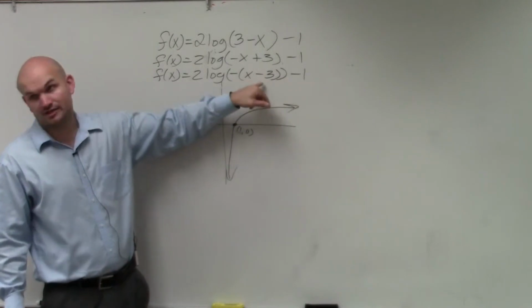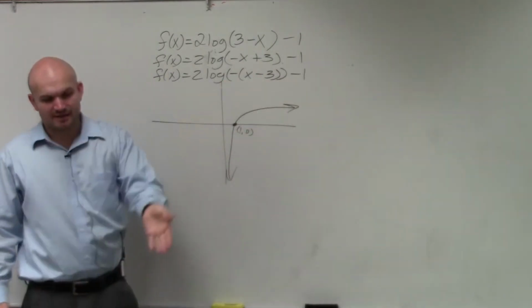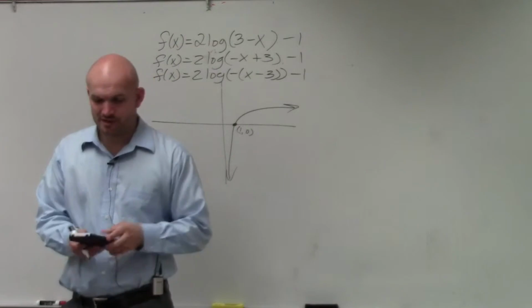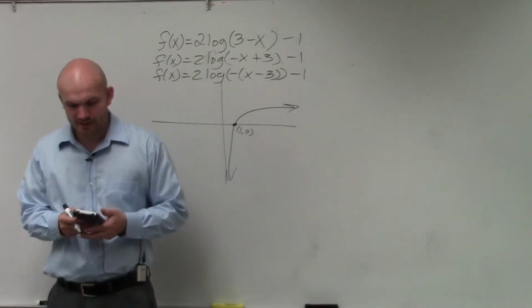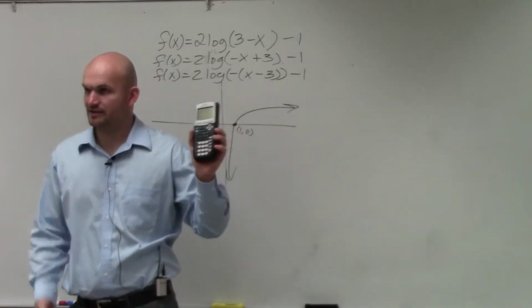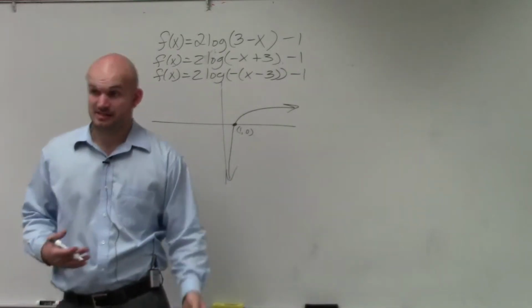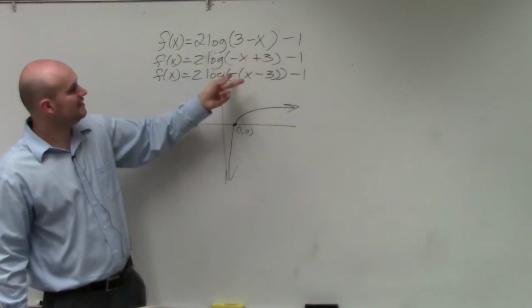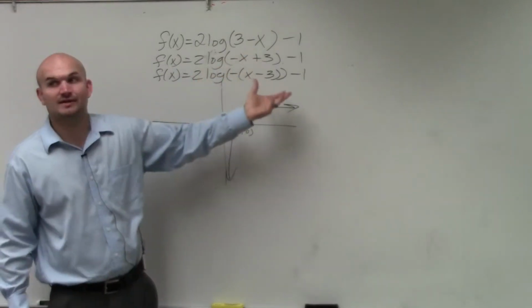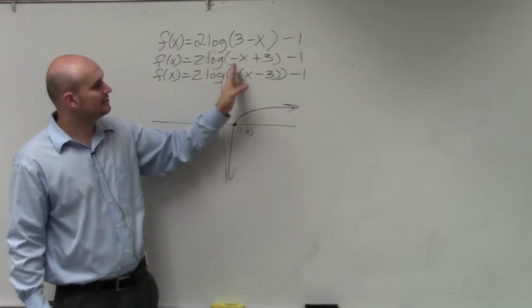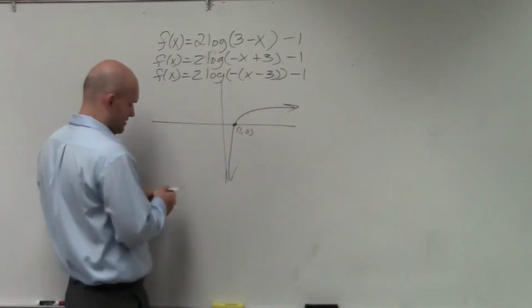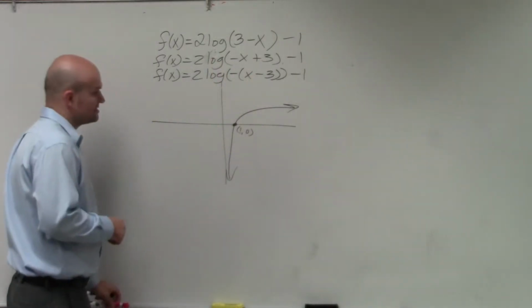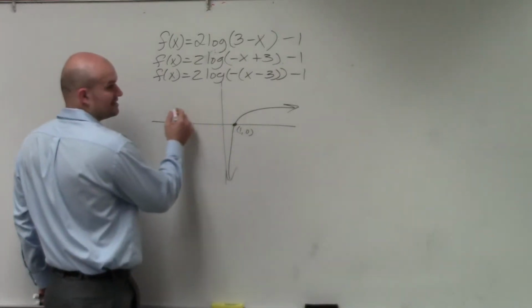So you're not actually shifting it to the left. That's why I wanted to make sure I remembered it correctly. If you plug that into your calculator, you can see that gets verified in the graph. It's actually going right, because if you factor that negative, you're really multiplying the inside by a negative, not just the x. So therefore, you'd want to factor that out. And now you can see that the graph is being shifted.